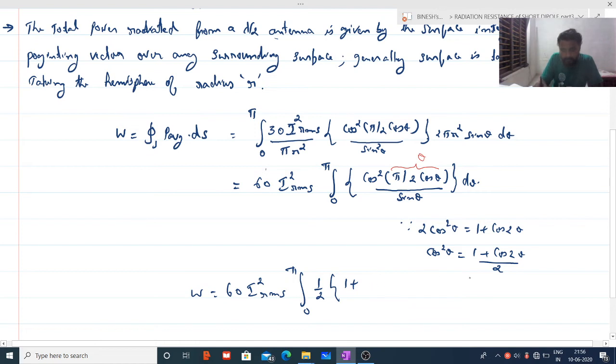Cos square theta will be equal to 1 plus cos 2 theta divided by 2. What is theta here? Theta is nothing but pi by 2 into cos theta. Is that clear? I will take that one.